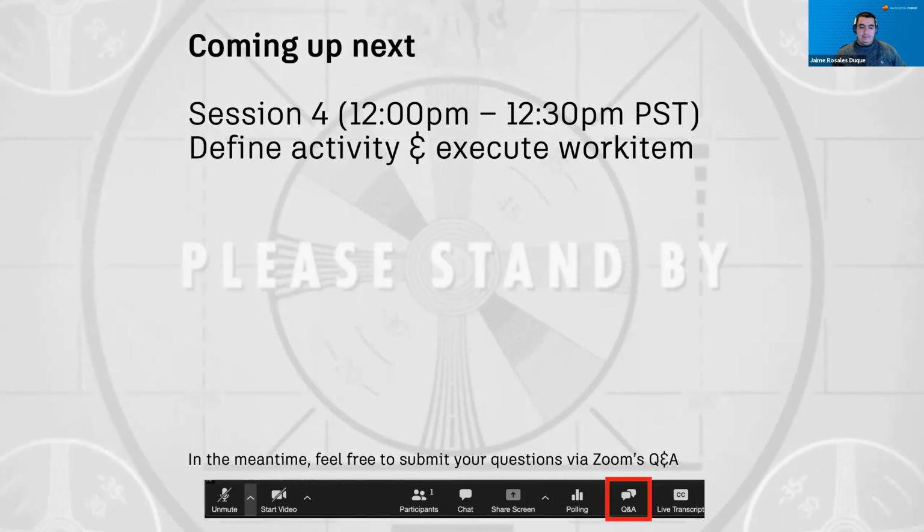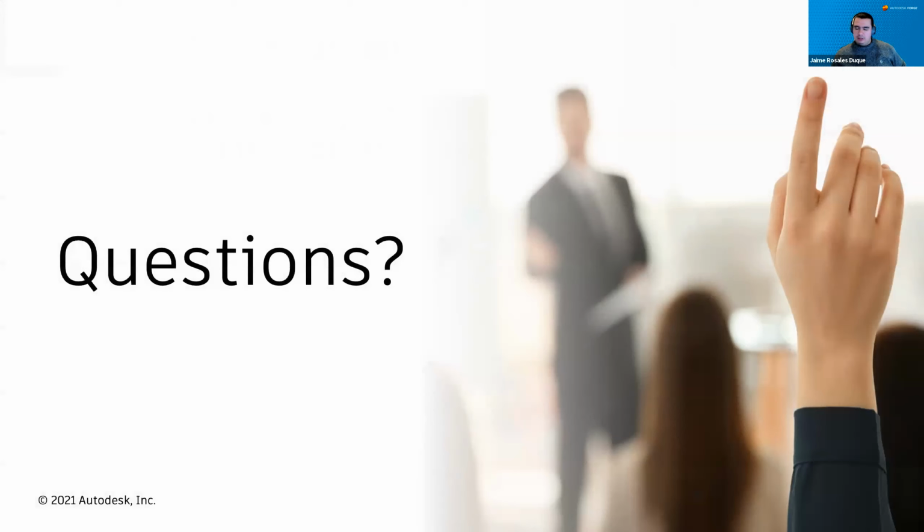Okay, but so the next thing. Any other questions that you guys may have in regards to the previous part? If not, we can continue with the definition of the activity and also the work item piece. If you have any questions, just add them into the Q&A and I will look at them in a bit.